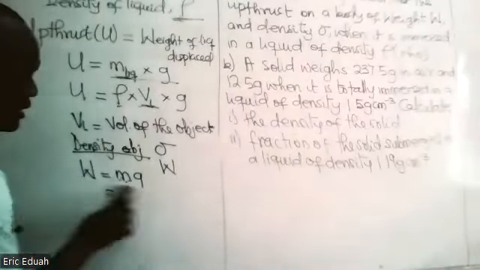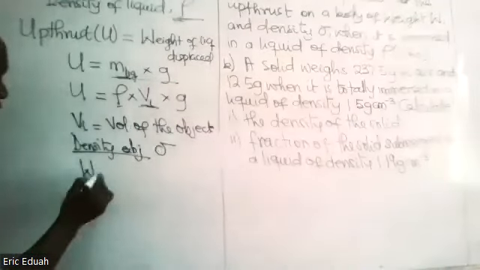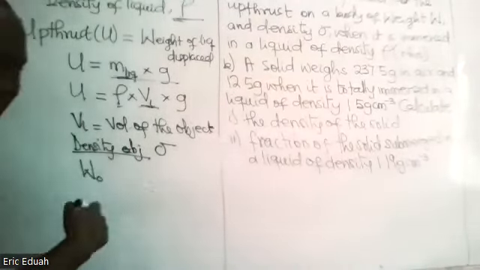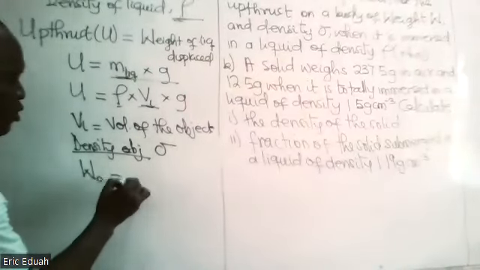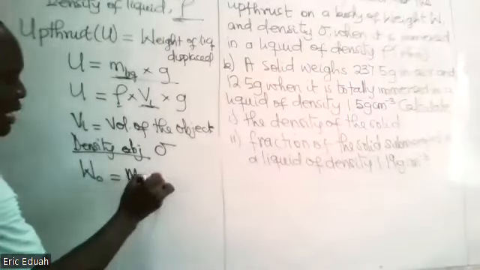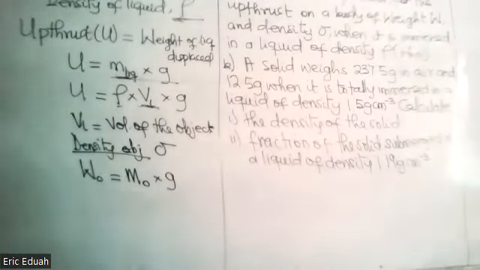Let me come again. Weight of the object. Let me write O, subscript O, to denote object, even though in what I was given there's no O, but I'm doing that to distinguish it from the liquid. So W_O is equal to the mass of the object times gravity.